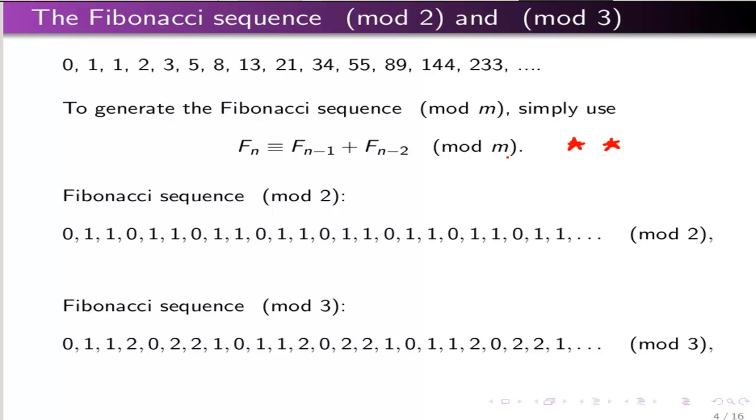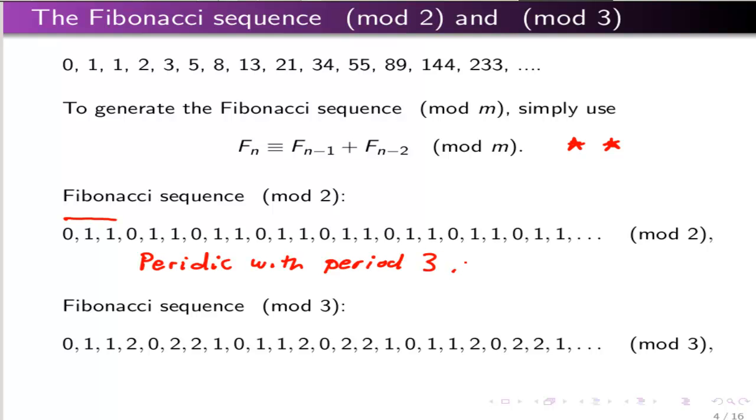So if we are looking at the sequence mod 2, we've got even, odd, odd, even, odd, odd, even, odd, odd, even, odd, odd, and very quickly we see that it has period 3. So it's periodic with period 3.